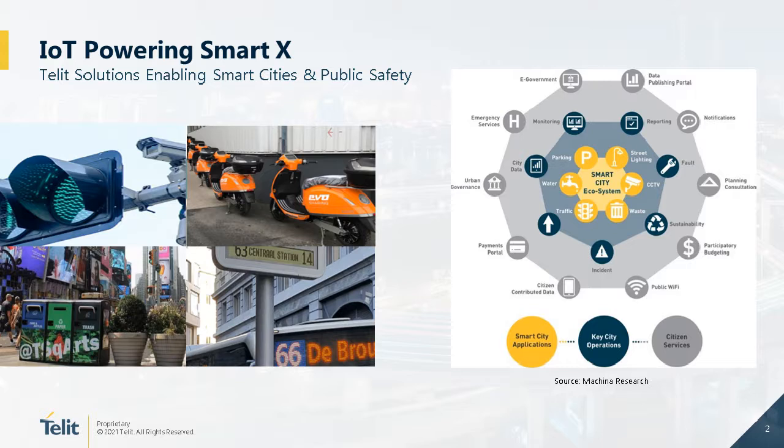Finally, citizen services rounds up the solution areas addressing emergency services, public Wi-Fi, general notifications, among others. Relevant for today's discussion, an estimated 24% of those 1.6 billion connections in 2025 will be LPWA technology.